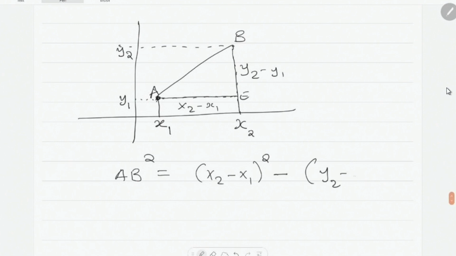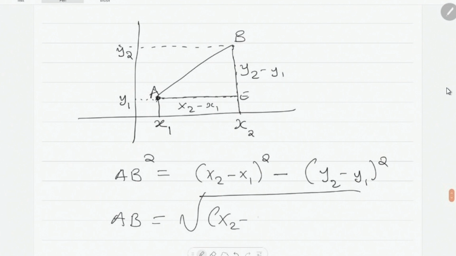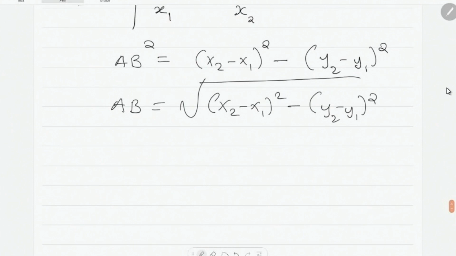So this is Pythagoras theorem, and therefore AB will be equal to the square root of X2 minus X1 squared plus Y2 minus Y1 squared. So this is the formula we use for calculating the distance between 2 points. Okay, so let's say we have been given point A is -3, 3 and B is 5, 9.